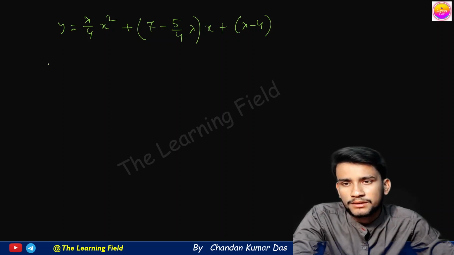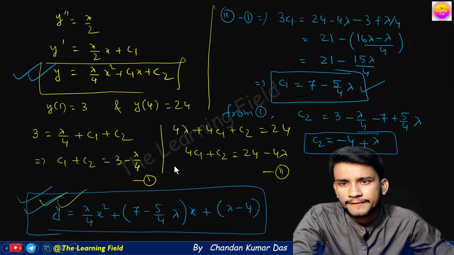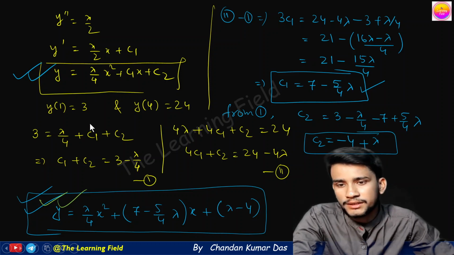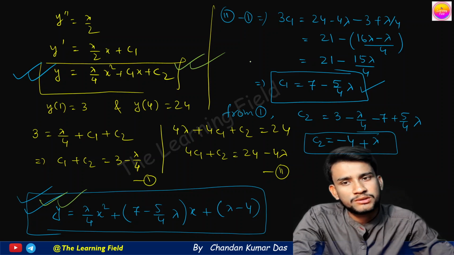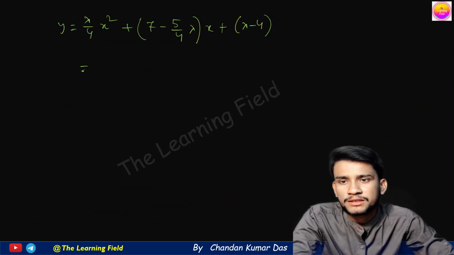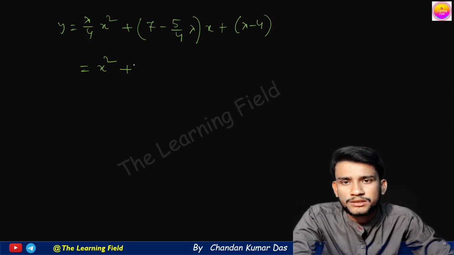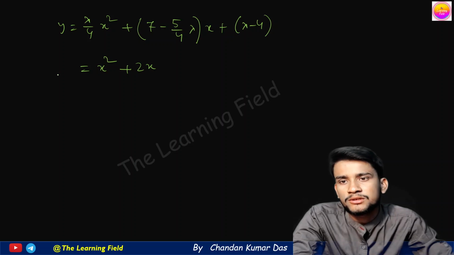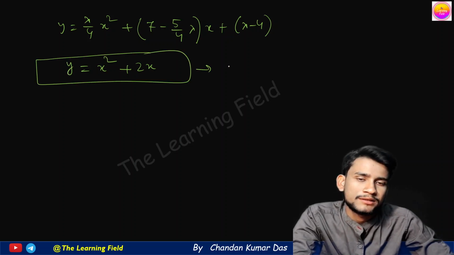We can put here the values of c1 c2 also. Okay, so lambda equal to 4, that means this is x square, and 7 minus 5 is 2, plus 2x plus 0. So y equal to x square plus 2x is the required extremal.